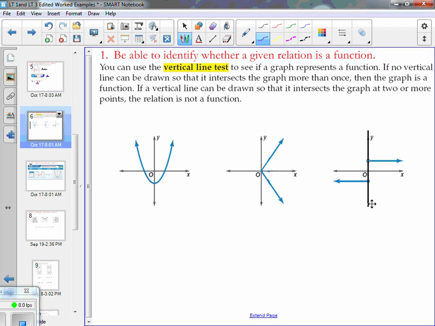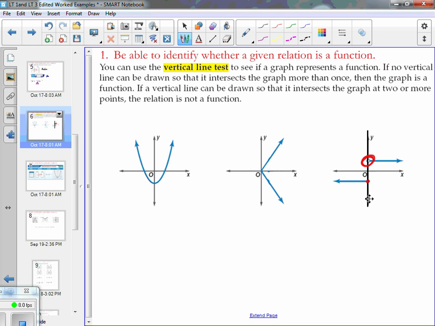Does that hit twice? No, because look, see the open circle on the top? That's the x equals 0 right here, which isn't actually on the graph, is it? It is down here because it's closed in, but it's not at the top because it's an open circle.